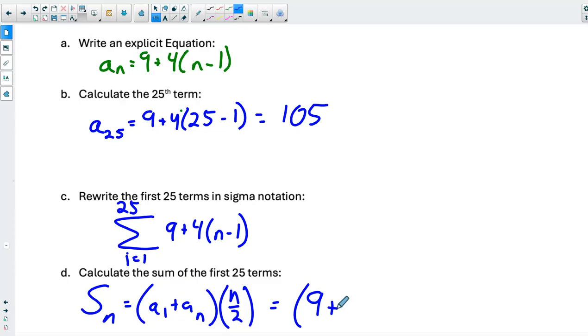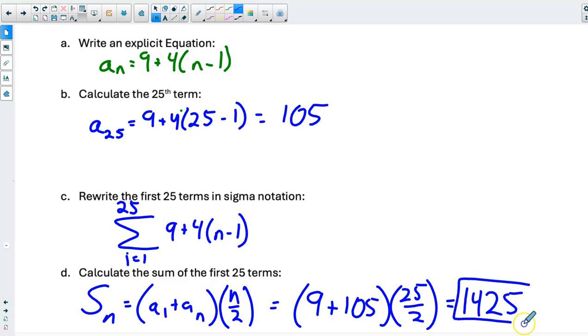But so I get 9 plus 105, and then I get 25 divided by 2. And so I get 1,425. Question?